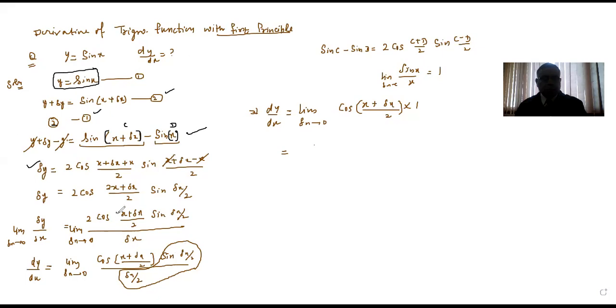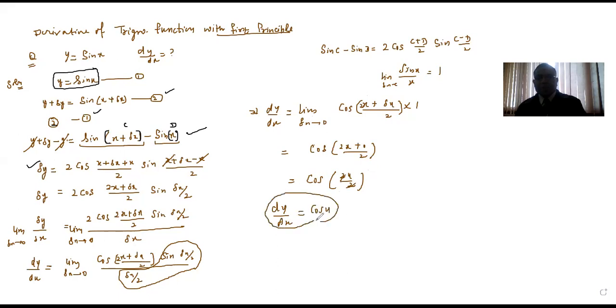This is 2x, this is 2x, this is 2x, this is also 2x. Now I will substitute the value of delta x as 0, which is cos 2x plus 0 upon 2, which is equal to cos 2x upon 2. So dy by dx is equal to cos x.